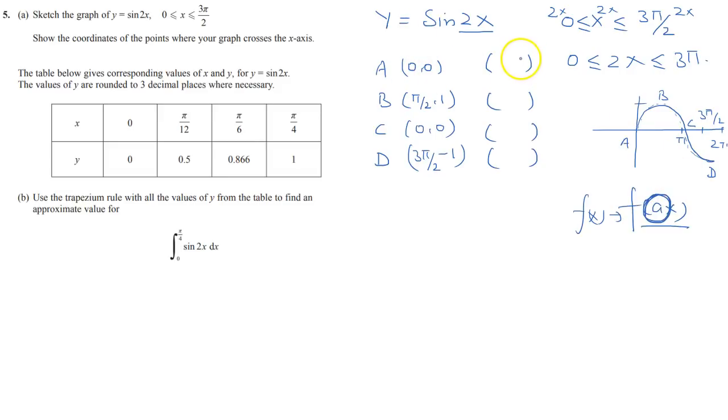So the y coordinate will remain the same and this will be divided by 2. So this is 0, this is pi over 4, this is 0 and this is 3 pi over 4.